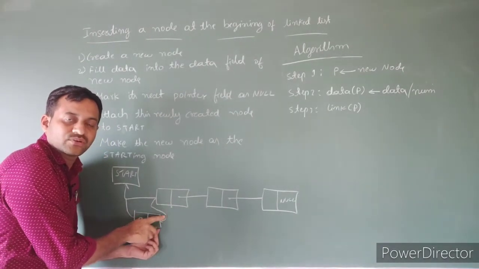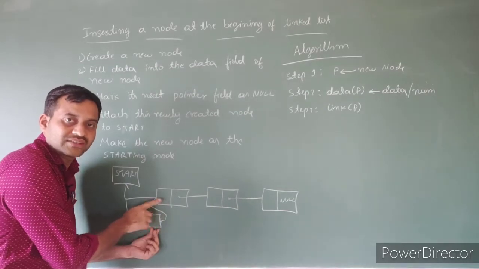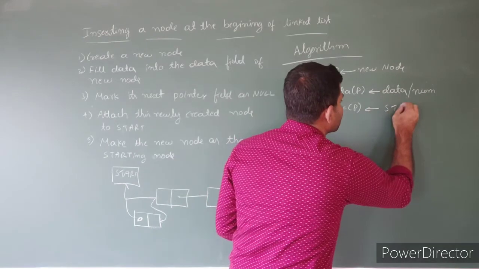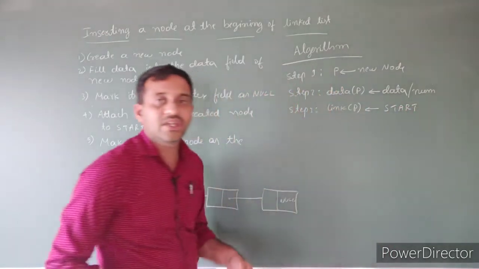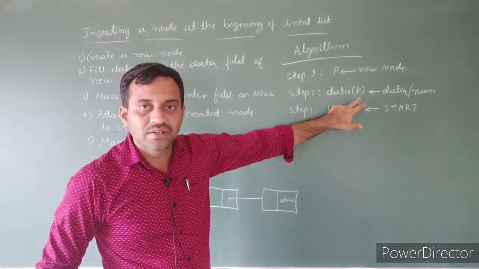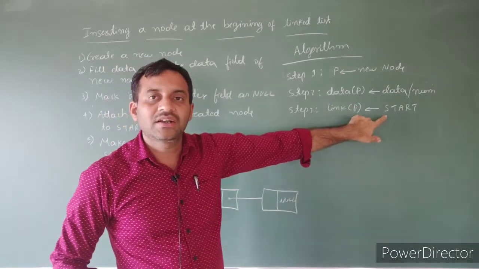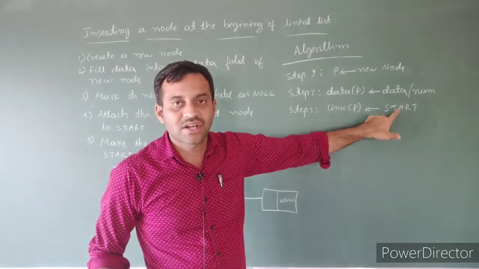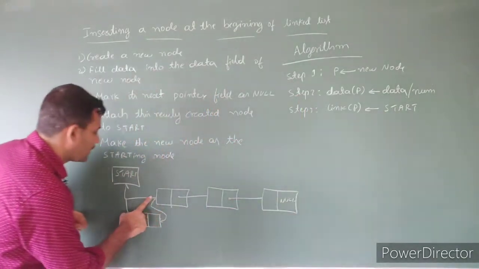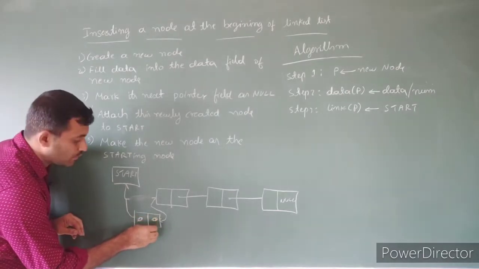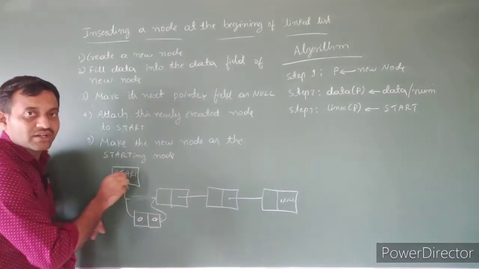But the address of the first node is in the starting pointer, hence it is assigned from start. See here, for the data part, we assign the number. For the link part, we assign the address of the first node, that is the starting address. Then we have to make this node's address the starting address.